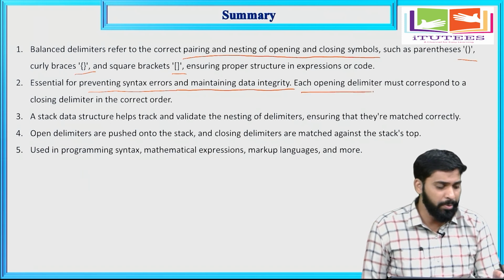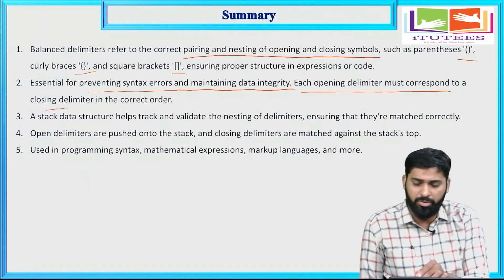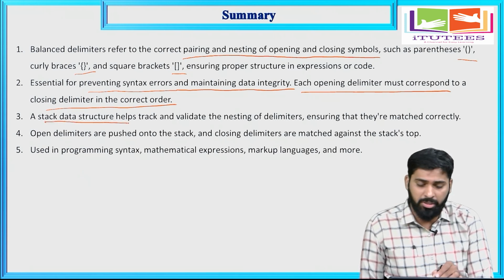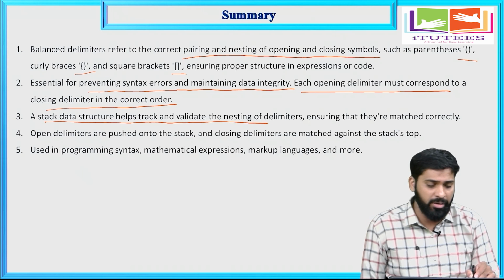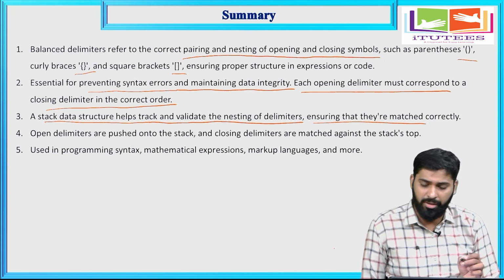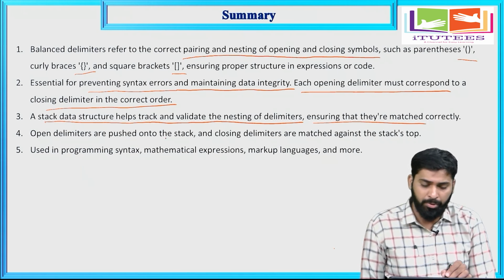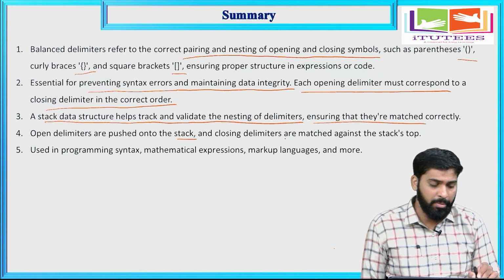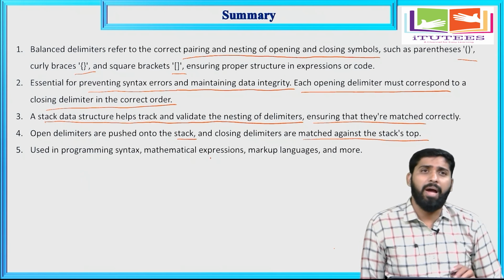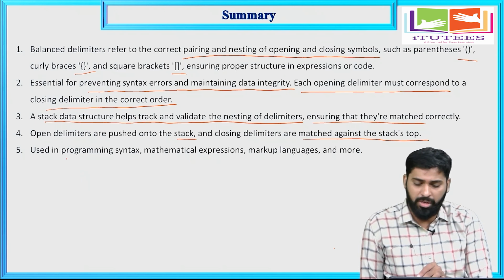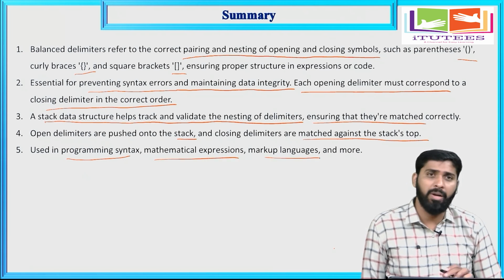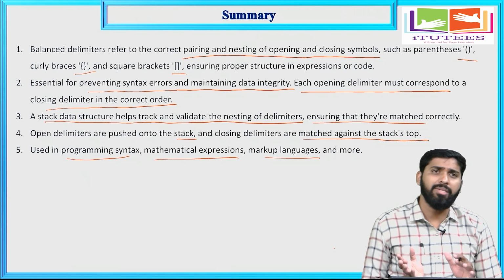Each opening delimiter must correspond to a closing delimiter in the correct order. Here the stack data structure helps track and validate the nesting of delimiters, ensuring that they are matched correctly. Open delimiters are pushed onto the stack and closing delimiters are matched against the stack's top. This balanced delimiter concept is used in programming syntax, mathematical expressions, markup languages and more.